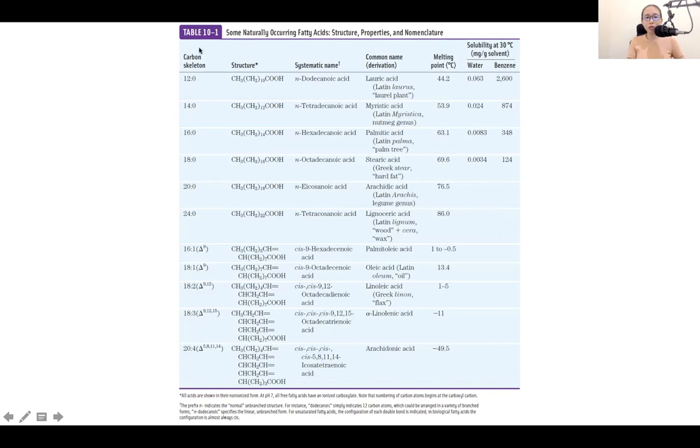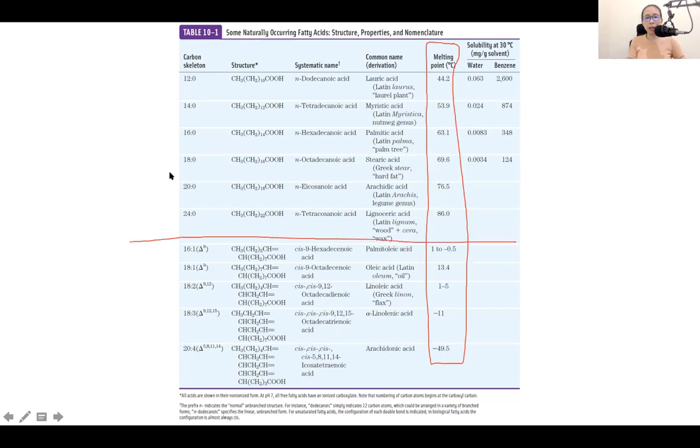But I want you to take note of the melting points. What can you say about the melting points of your saturated fatty acids and unsaturated fatty acids? Above this line, you have saturated fatty acids, and below the line, you have unsaturated fatty acids. So what do you notice?